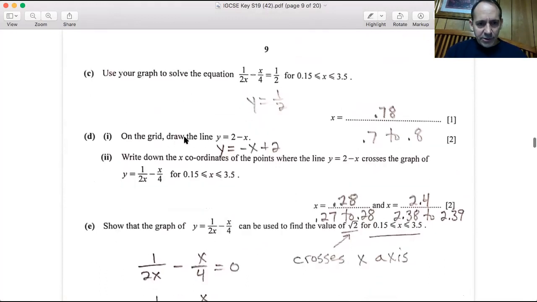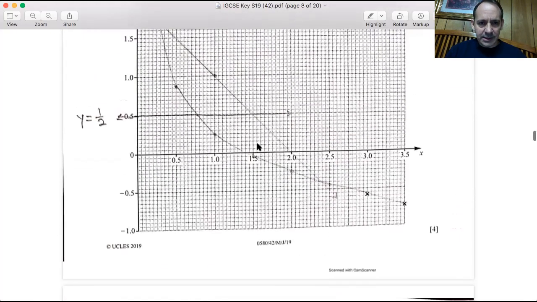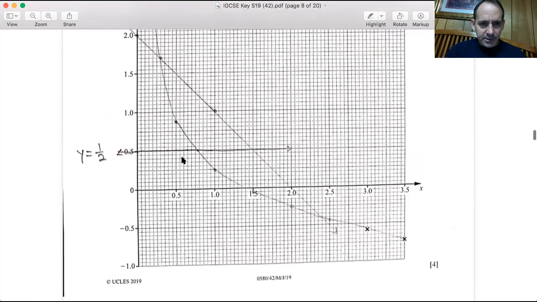Then on the grid, draw the line y equals 2 minus x. I rearranged it into y equals mx plus b form. Crosses the y-axis at 2 with a slope of -1. So here I've crossed the y-axis at 2 with a slope of -1, meaning down 1 over 1. Make sure you're paying attention to the scale, because you go by the scale, not by the little boxes.